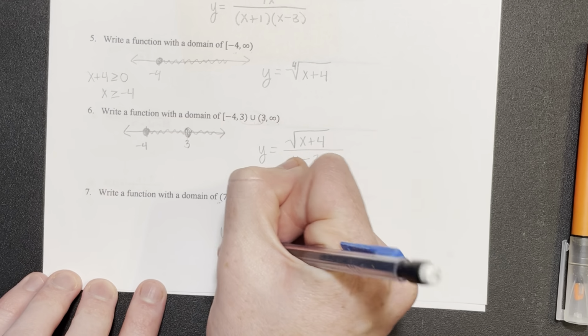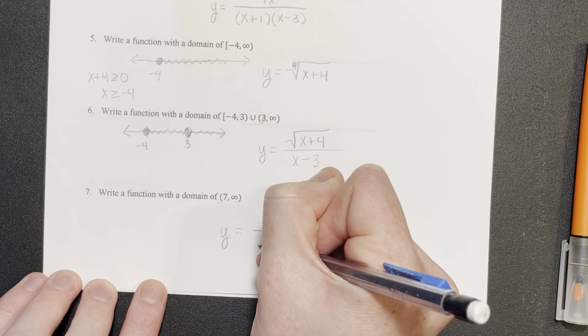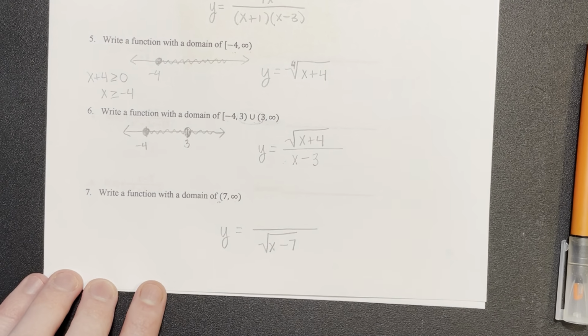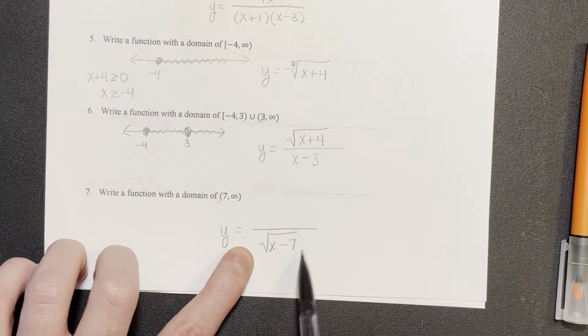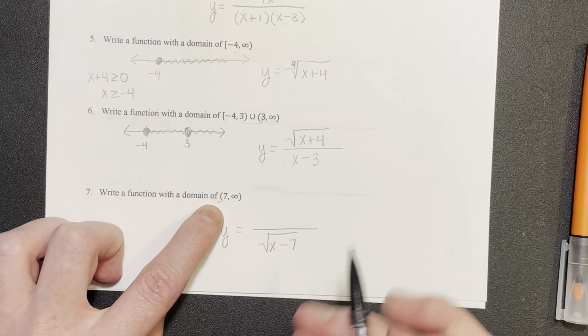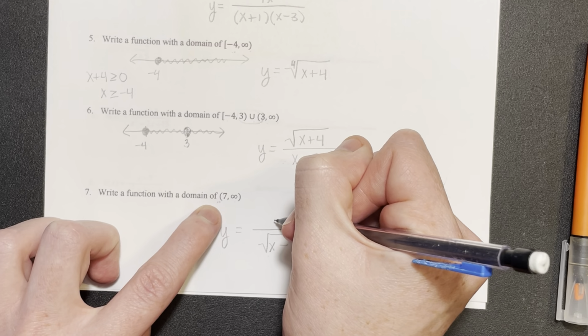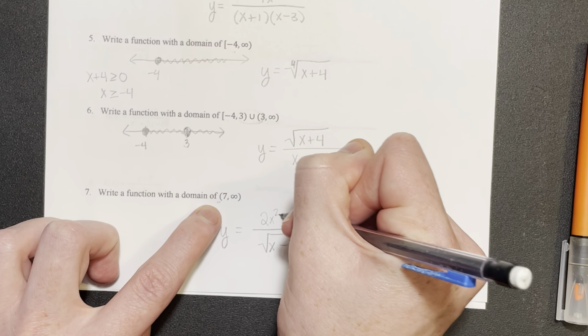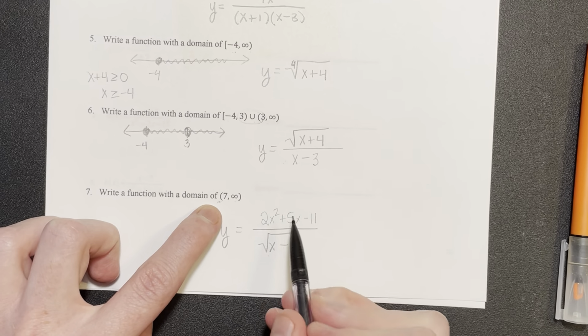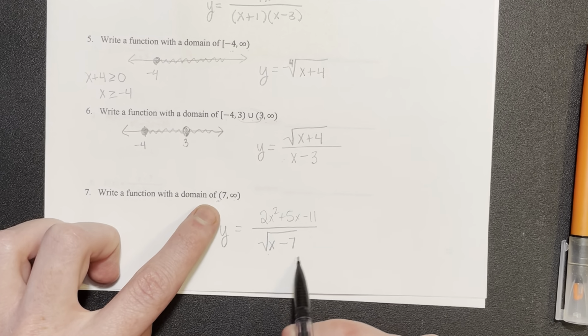So let's put in that radical, x minus 7. If it's in the denominator, it takes away the equal to part, so it's just strictly greater than. And then the numerator can be whatever we want. Let's say it's 2x squared plus 5x minus 11. That didn't have any restrictions in the numerator, but the denominator did.